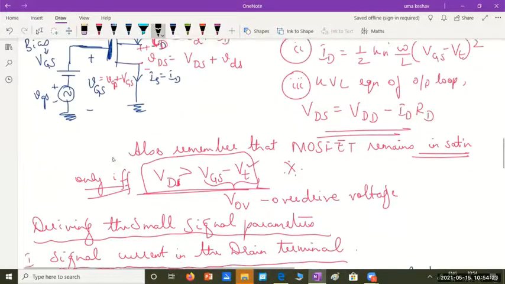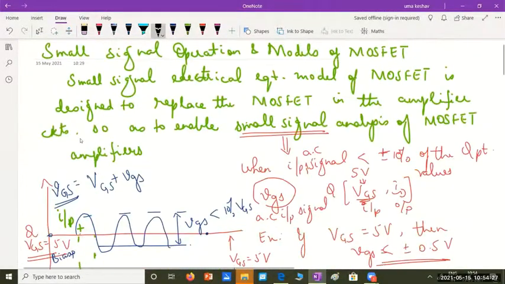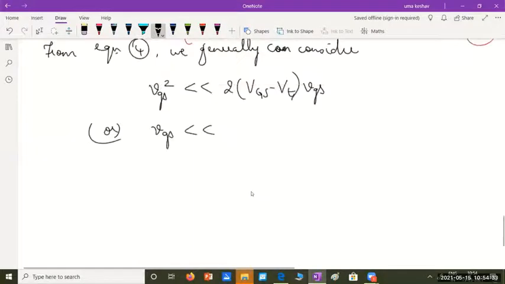Small signal analysis. Please remember, we are trying to do small signal operations or small signal analysis. What's the meaning of small signal? Small signal means the AC input signal will be less than 10% of the DC value. See, this is AC, this is DC.